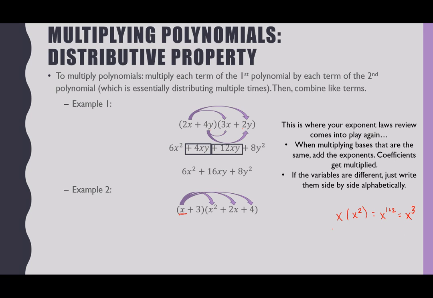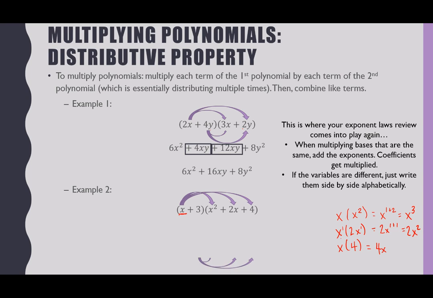And when I multiply x times 2x, since those bases or variables are the same, I'm going to add the exponents again. So I have 2 and then 1 plus 1 to get me 2x squared. Okay, and then when I multiply the x by 4, there's no like bases that I can use my product of powers with, so it's just 4 and x.